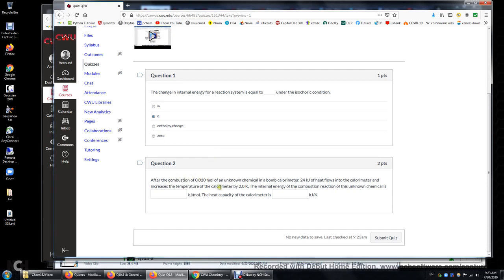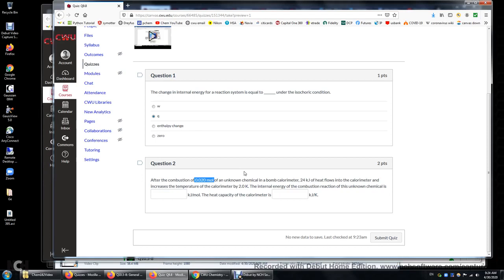Question 2. There are 2 blanks. First, we're talking about the internal energy of combustion of this unknown chemical. This internal energy of combustion or enthalpy of combustion must be in joule per mole or kilojoule per mole. So really we just use 24 kilojoule divided by the number of moles. We get 1200 kilojoule per mole. But look, this is a combustion reaction.